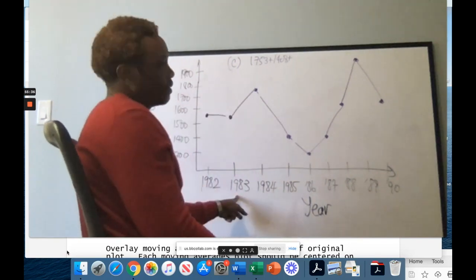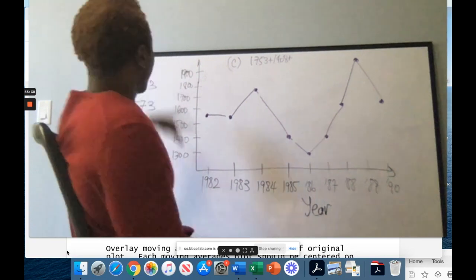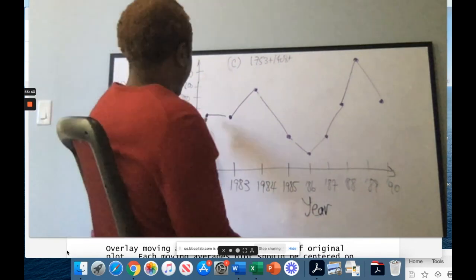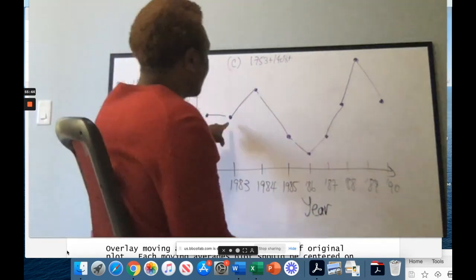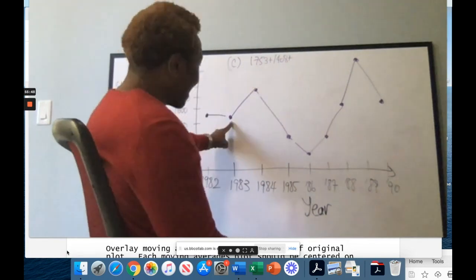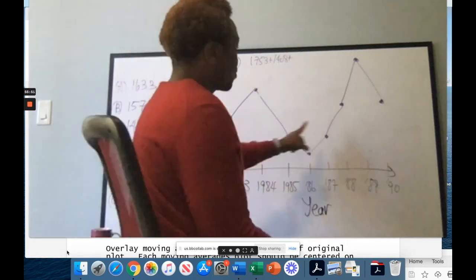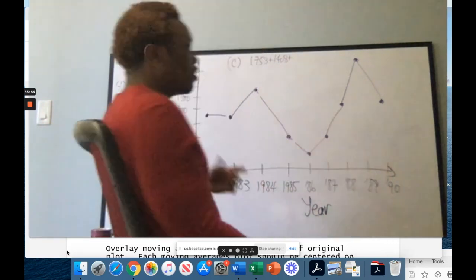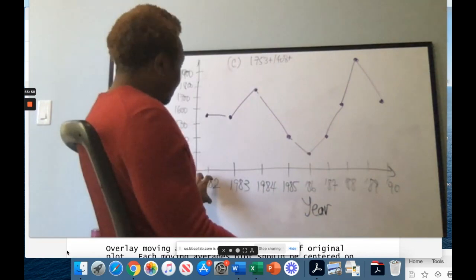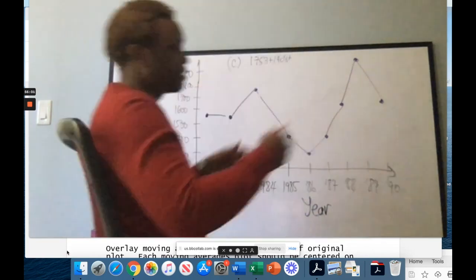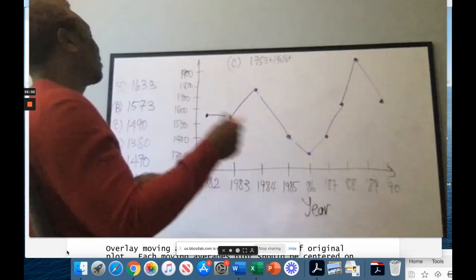So essentially I'm going to plot these values, but I'm going to start plotting in the middle so that when I finish, I'm going to end up with a point starting right here, and then it's going to end right here in 1989. So there will be no plot for the first point or the last point. Okay, so follow me here. 1633 then is going to be plotted here.